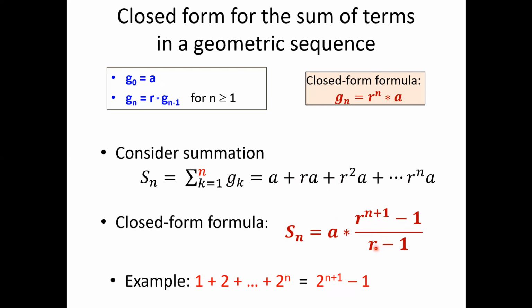And let's say you take r to be 1/2. So if n is infinity, then 1/2 to the infinity is basically 0. This is minus 1 over 1/2 minus 1, which is minus 1 over minus 1/2, so it's 2.